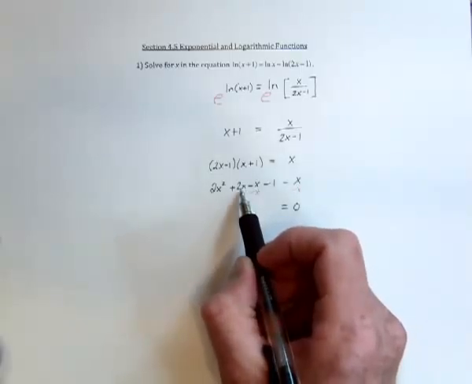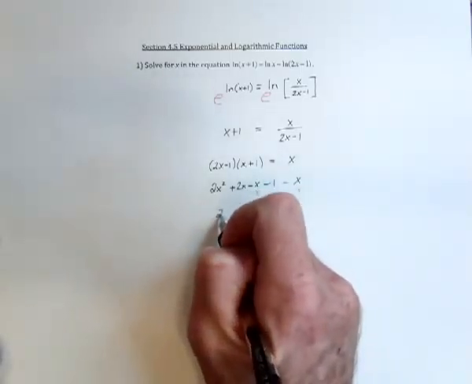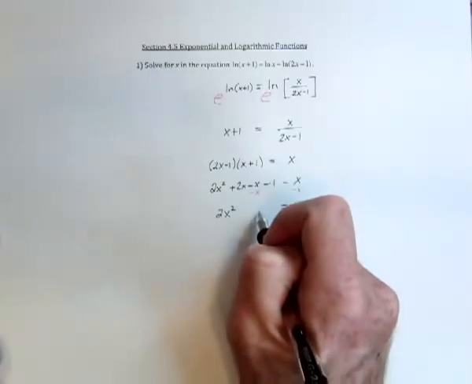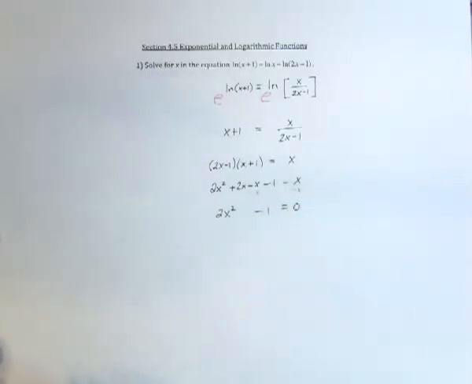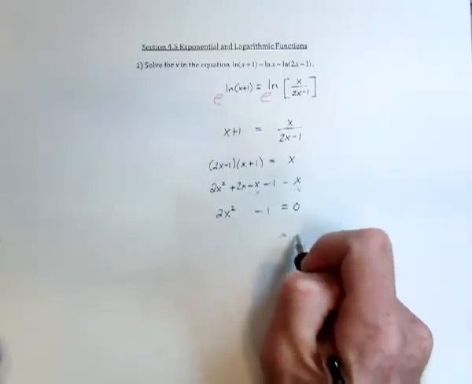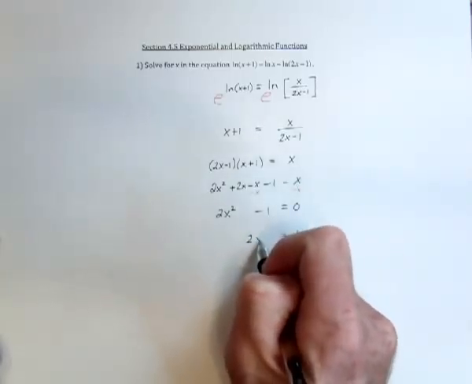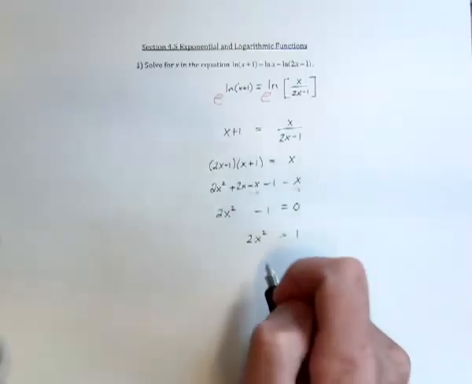With the positive 2x, they cancel. So we're left only with 2x squared minus 1. Now actually, since the middle term of the x is canceled, we can move the 1 to the right-hand side. So add 1 to both sides.